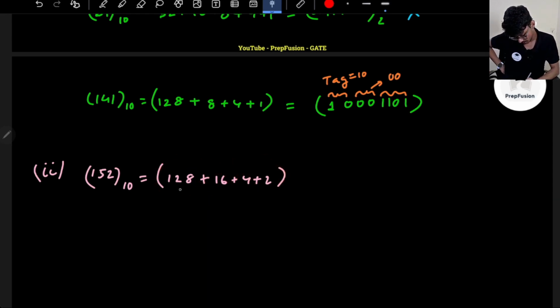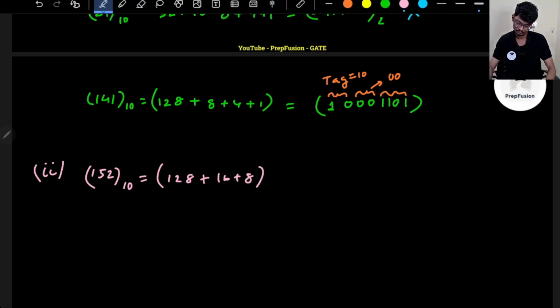Sorry, hold on, I did something wrong earlier. 128 plus 24, and if I need 24, then this will be 16 plus 8. That should be enough. So this will be equal to, again, this bit position will be high.